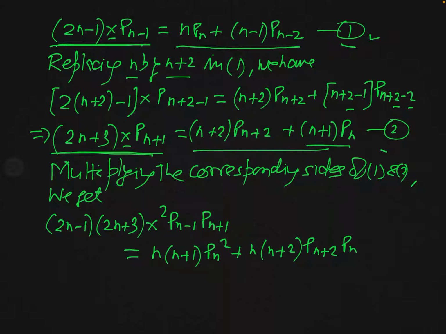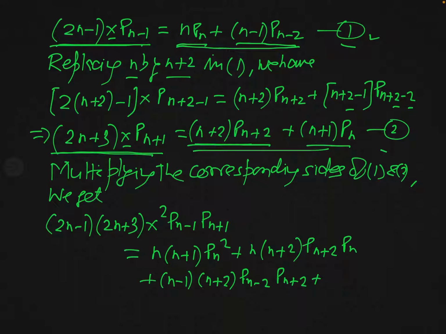So I have multiplied now this n plus 2 into pn plus 2 with this npn, and plus you can see now this n minus 1 into pn minus 2 will be multiplied by this first term. So what will that be? This is simply n minus 1 into n plus 2 into pn minus 2 into pn plus 2.